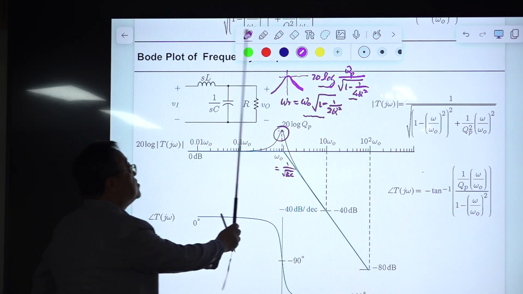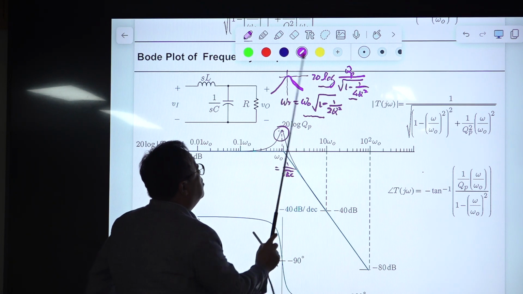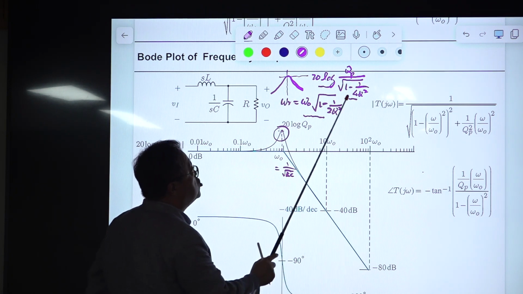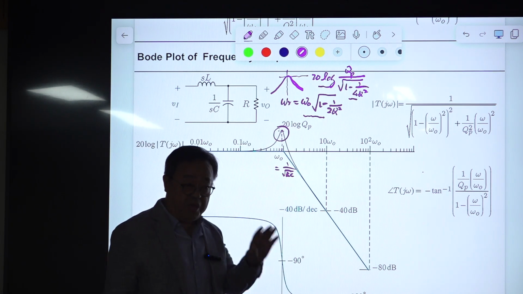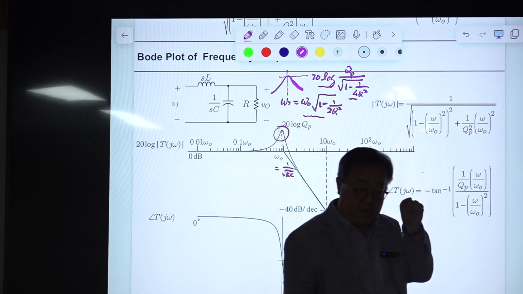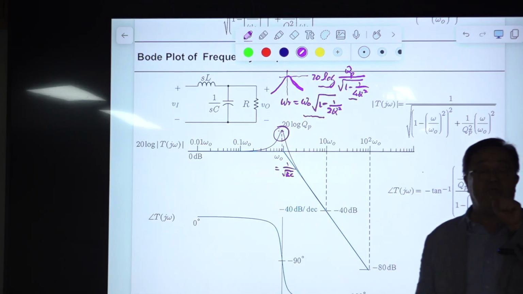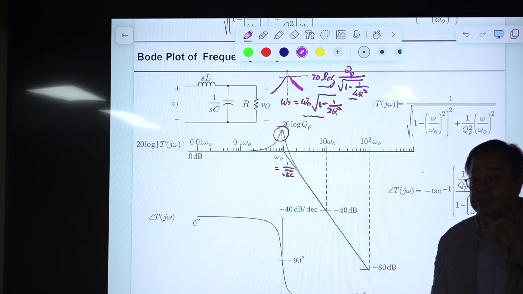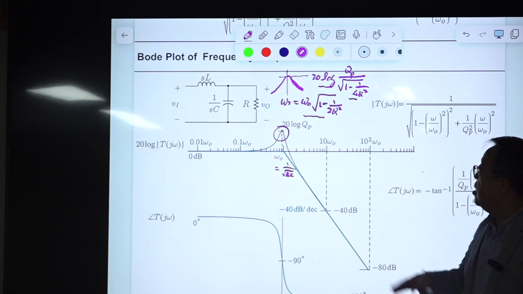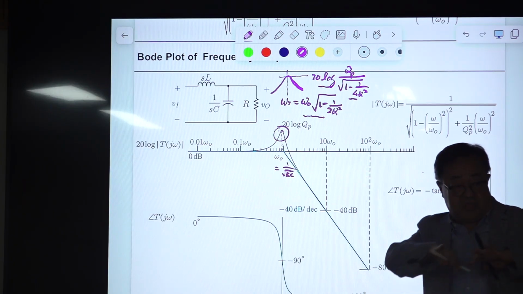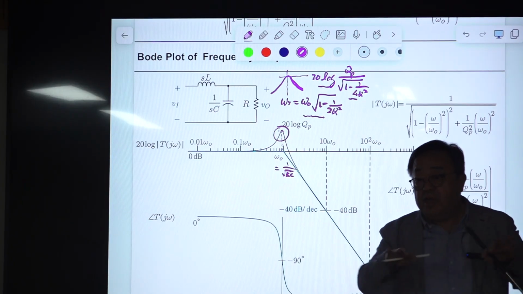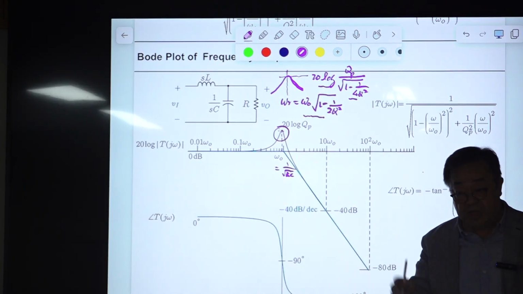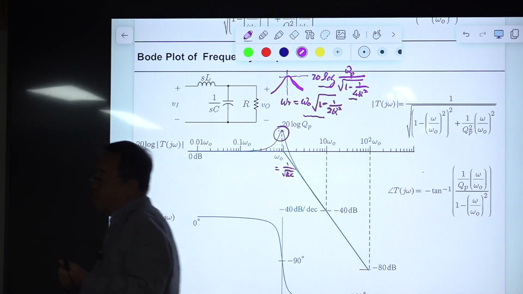But after this moment, we forget about it. You assume Q is relatively large, some number between 2 and 4. It is a good number. Less than 1.5, this double pole will be split into 2 dual poles, and that is some other story.